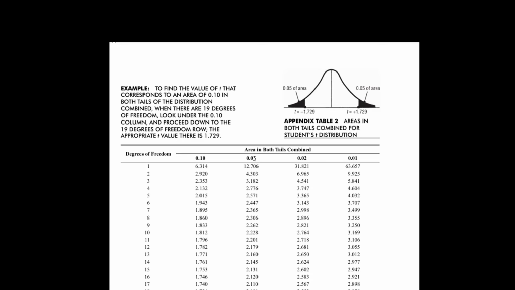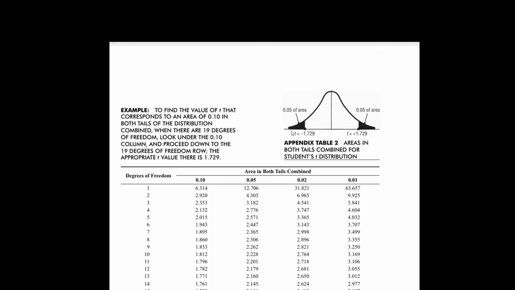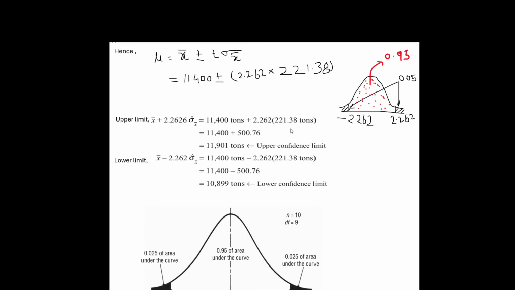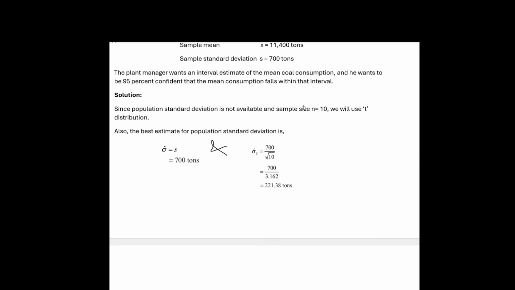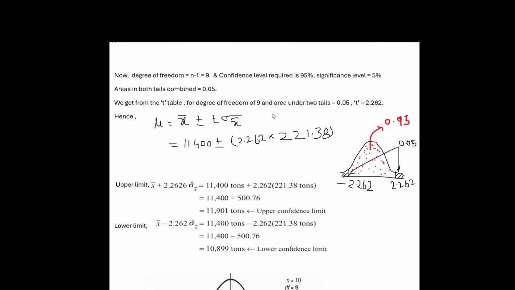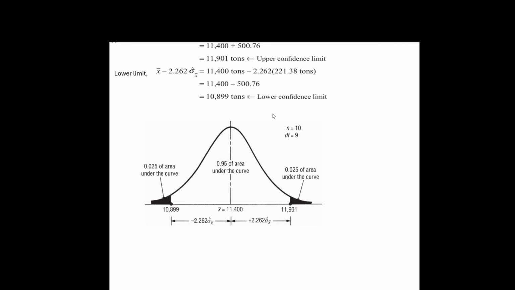We want 5% in both the tails, so in one tail it will be 0.025.